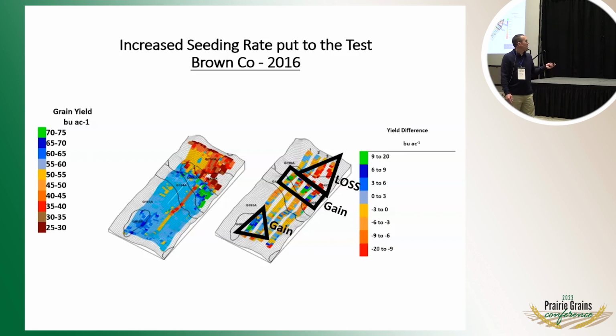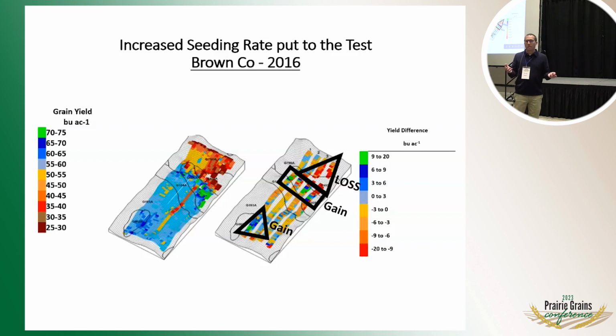You can see how with these 200,000 seeds per acre strips, there were yield responses in places to that 200,000 seeding rate, right there, but big losses right there. So variable rate seeding might be a thing to consider looking at.